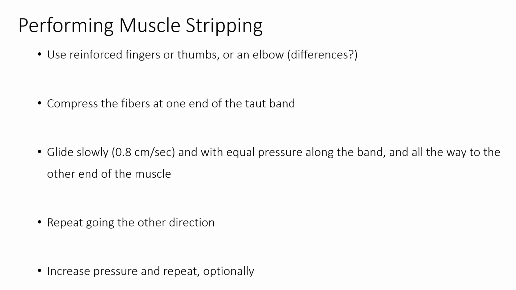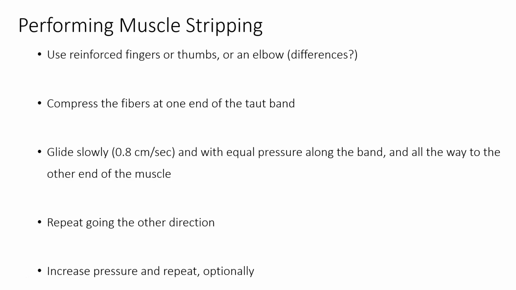Right now, of course, we're going to be checking in with the client. If you get into a part of that band that's very uncomfortable for the client, you're going to lessen your pressure as you perform the technique. This is one of those techniques you really have to be checking in with your patient to make sure they're in an appropriate level of uncomfortableness that you can continue it.